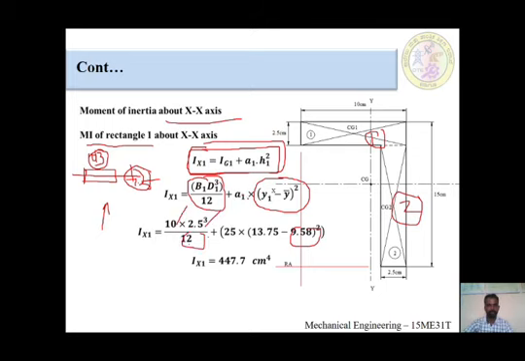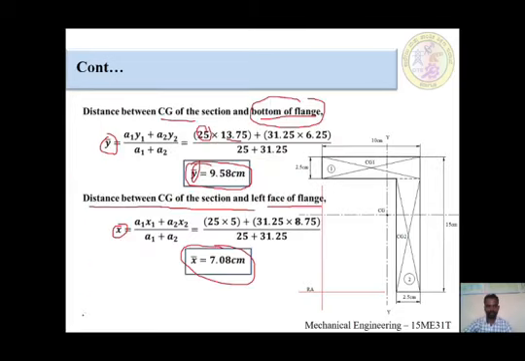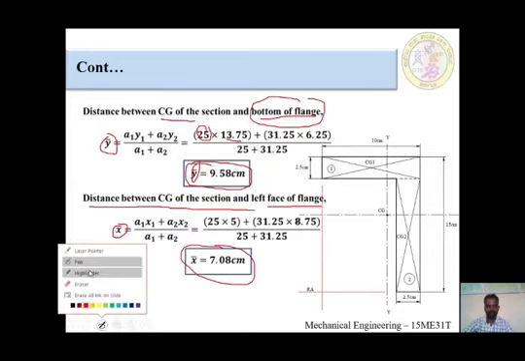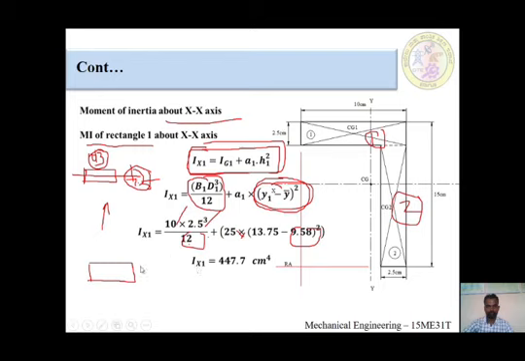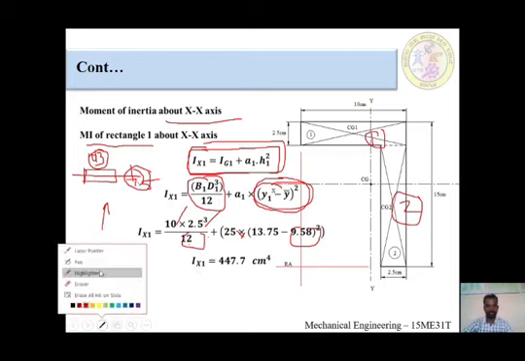Plus A1, which we got previously as 25 square, into the H value, y1 minus y bar. I will tell this one. Where is the y reference?